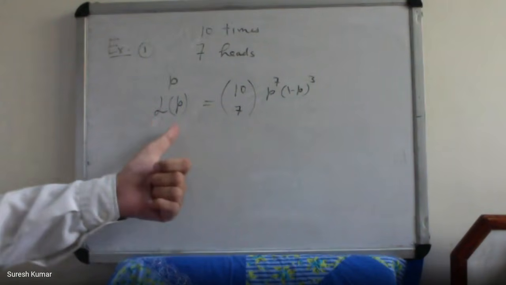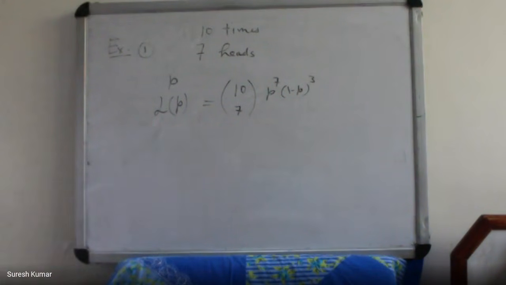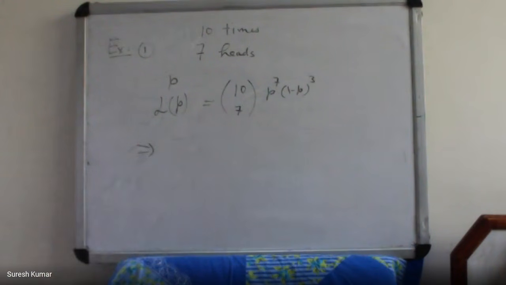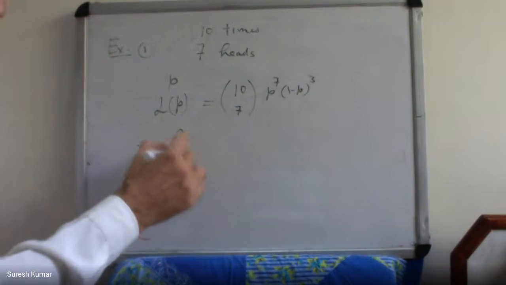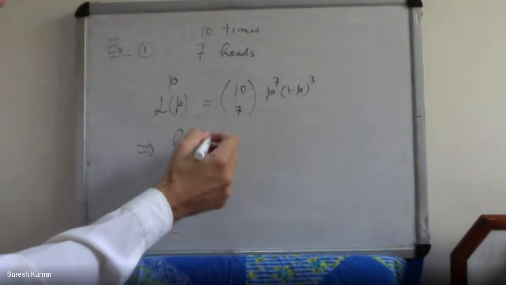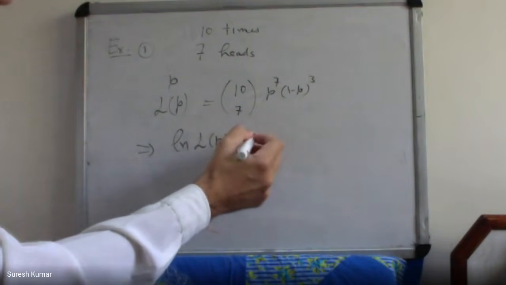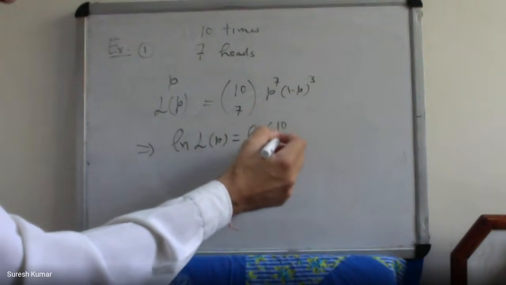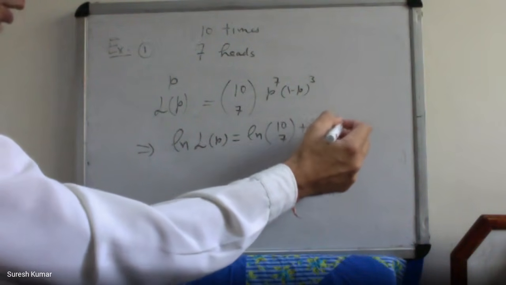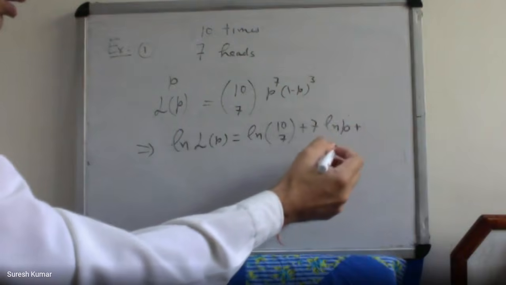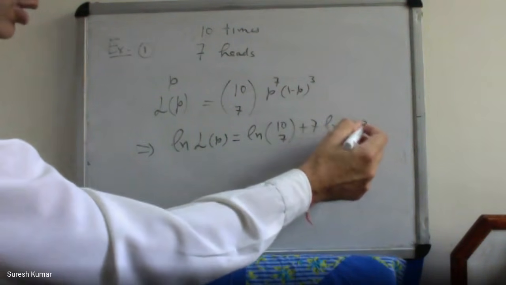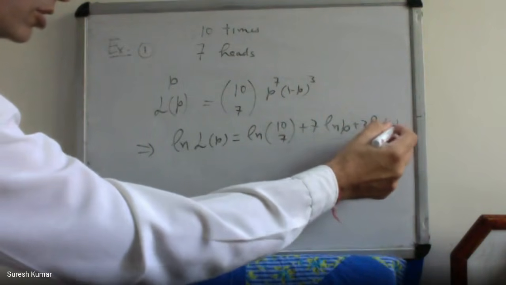After that, what is the next step? We need to maximize it and find the corresponding value of p. So put its first derivative equal to 0 with respect to p. But before that, it would be convenient if you change it to logarithm on both sides. ln L(p) equals ln 10C7 plus 7 times ln p plus 3 times ln(1 minus p).